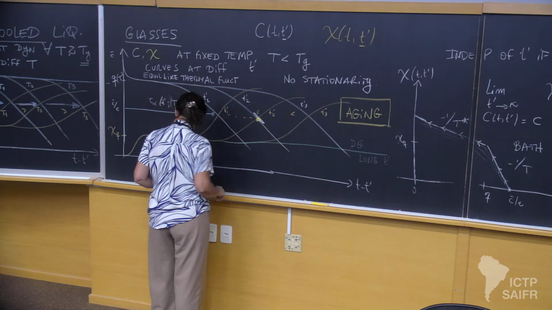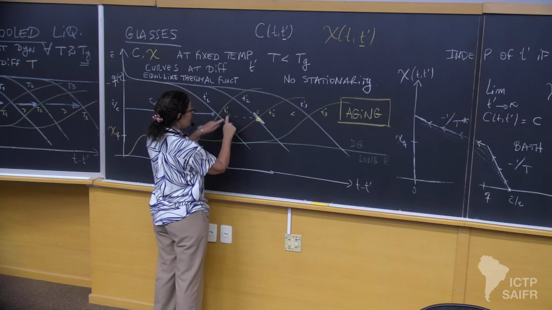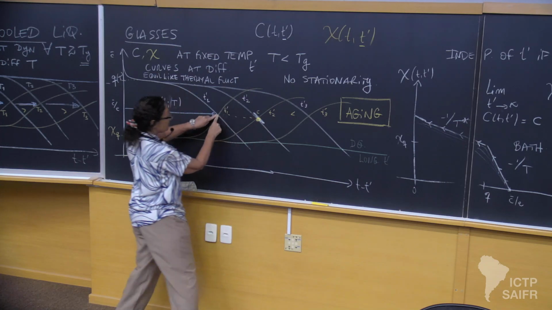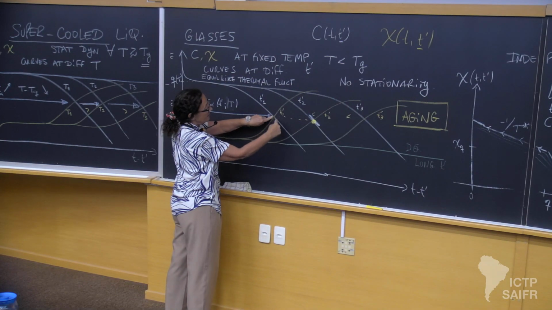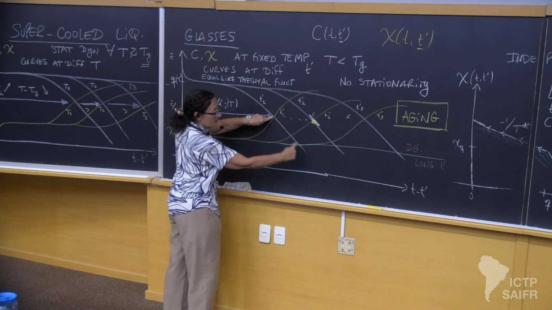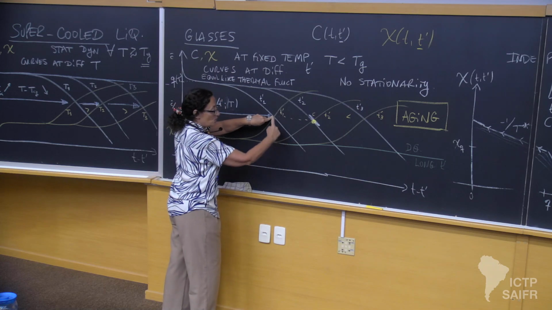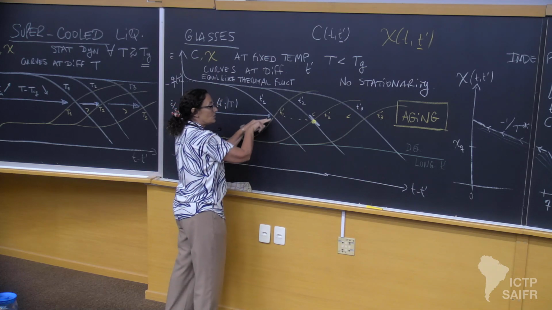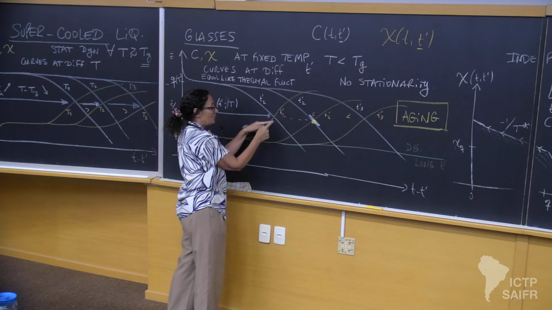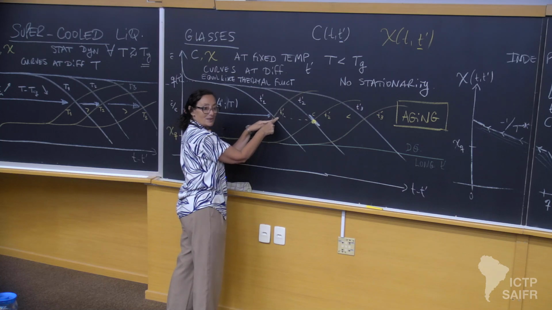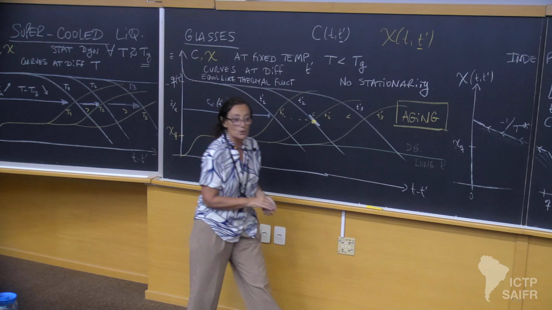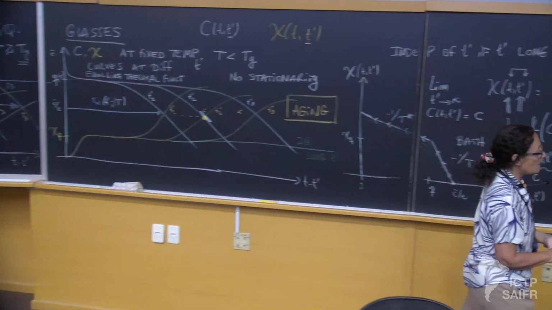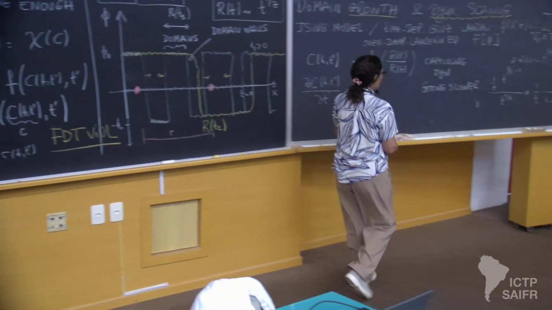So you select this level here, and at this one is for t prime fixed, you look at this derivative. So it's decreasing as I move along this direction. And then I can also do it with respect to t prime. So I compare this one with the next t prime, I do the derivative at t fixed, and then I get that it also goes to 0. So it's getting slower for increasing times.